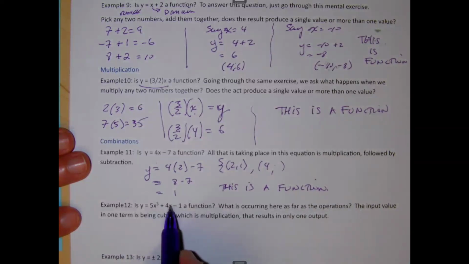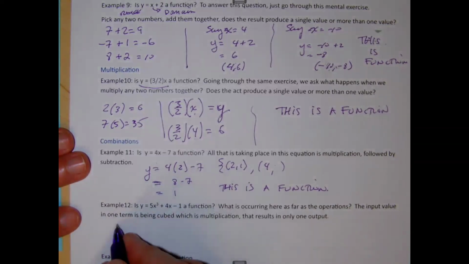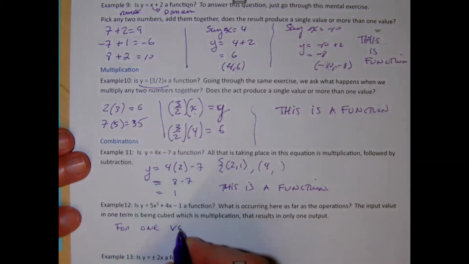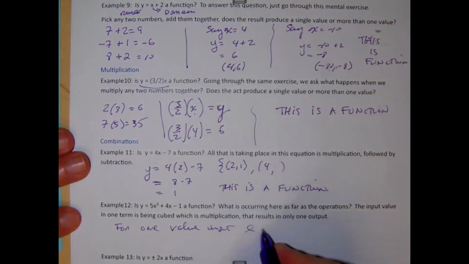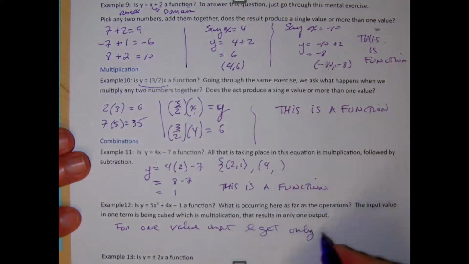When I put this value here, again, I multiply by the constant 4. I continue to multiply, then at the end, add, subtract. So yeah, no matter what I choose for x here, I only get one value. For one value input, I get only one value output.